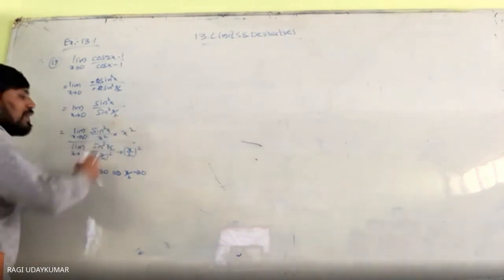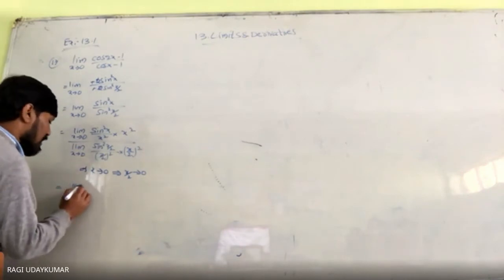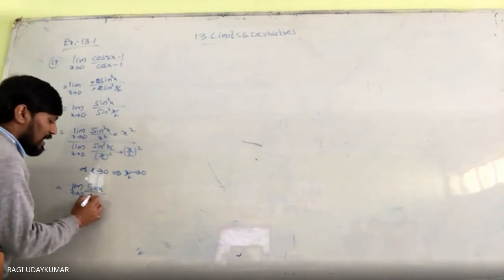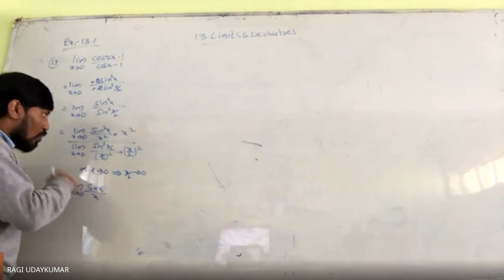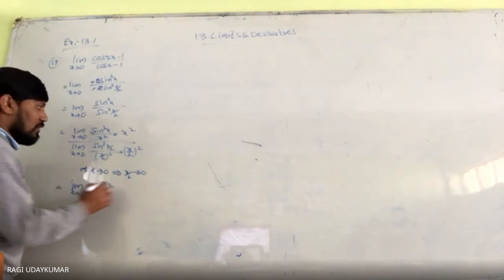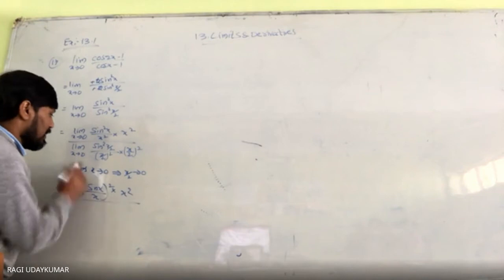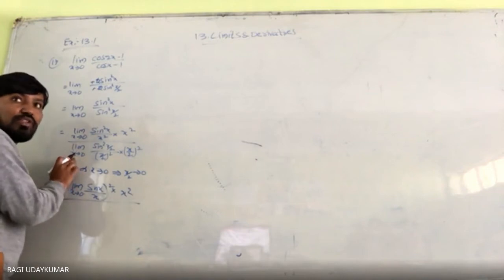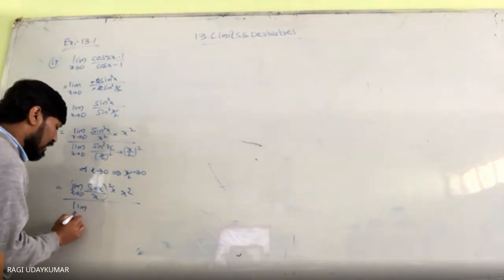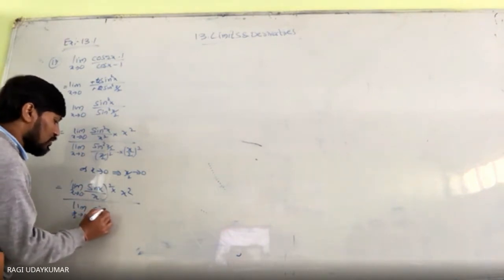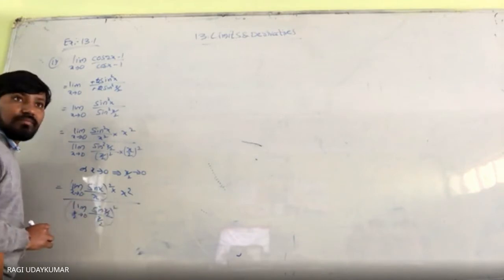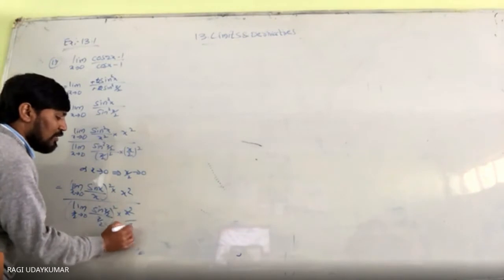So in the numerator, the limit as x tends to 0 of (sin x by x) whole square into x square, and in the denominator the limit as x by 2 tends to 0 of (sin x by 2 by x by 2) whole square and here x square by 4.